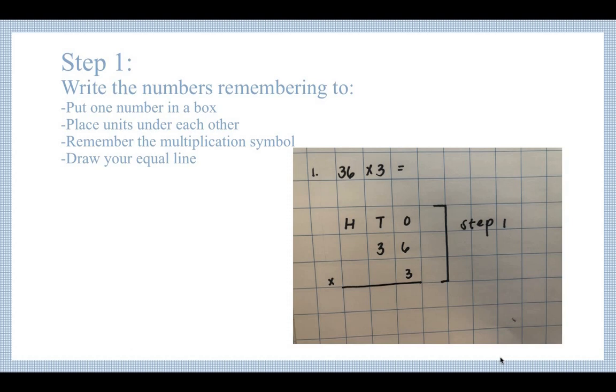So our first one in this example is 36 times 3. You're going to put one number in a box or in a block. You're going to place your units under each other, so thousands, hundreds, tens, ones. You're going to remember the multiplication symbol and you're going to draw your equal line. This is step 1.